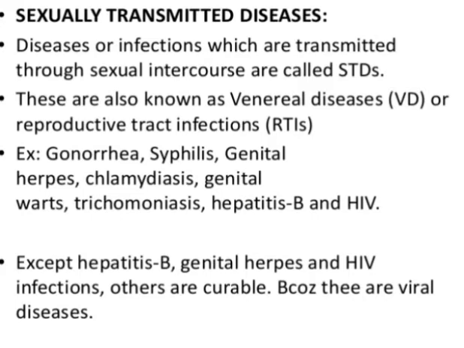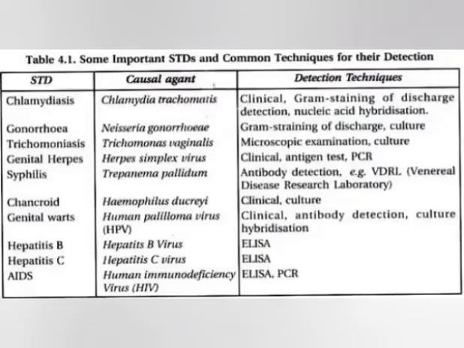Some common sexually transmitted diseases are gonorrhea, syphilis, genital herpes, chlamydiasis, genital warts, trichomoniasis, hepatitis B, and HIV. Except hepatitis B, genital herpes, and HIV infections, others are curable because these are viral diseases. So this is a list of some common sexually transmitted diseases, their causative agents and detection techniques.